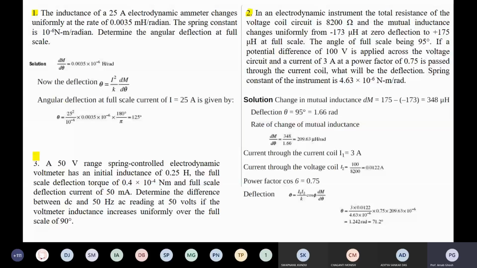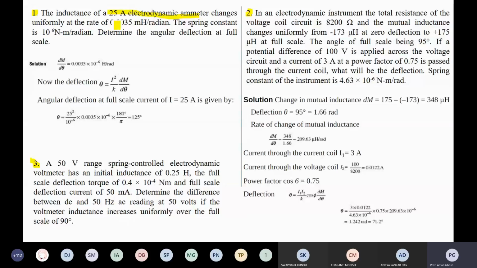The change of inductance dM/d theta is given per radian. Sorry, it is microhenry, not millihenry, so 10 to the power minus 6 is there.